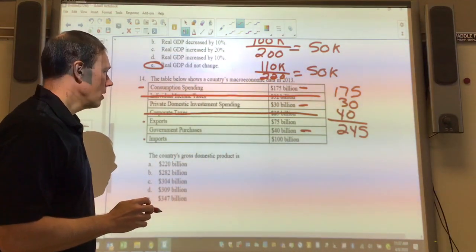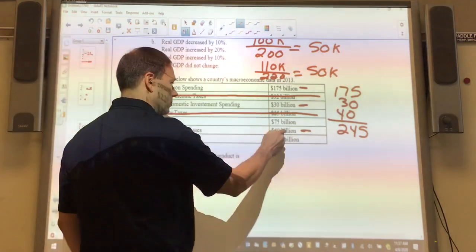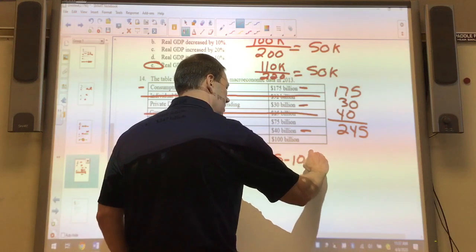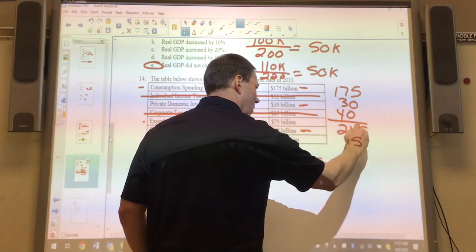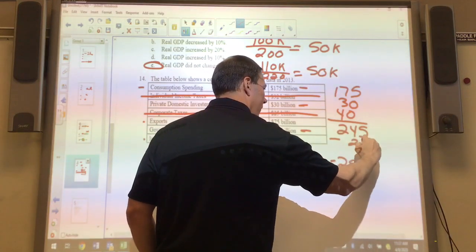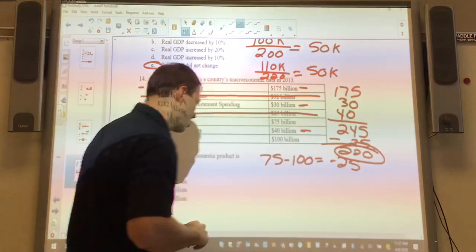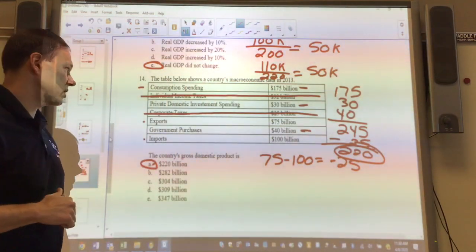And then we've got to do net exports. Remember, net exports is exports minus imports. So 75 is our exports minus 100 in imports, and that equals negative 25. So in other words, we have to subtract 25 from this, and it should get us a number of 220. And is that one of our answers? Yes, it is. So number 14 is A.